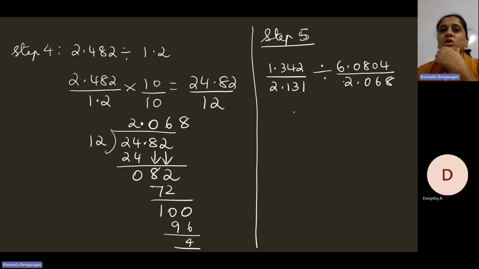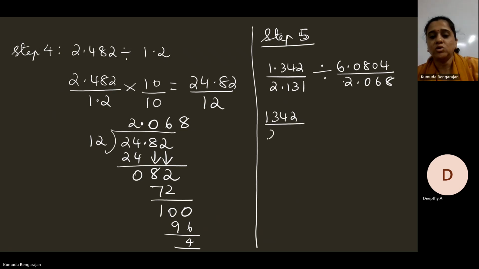So it will be 1342 divided by 2131. And here we'll get rid of all the decimal points, so we'll multiply by 10,000.